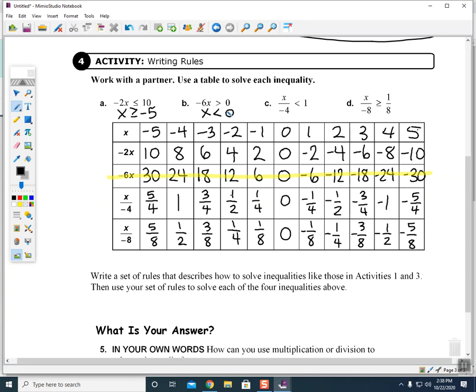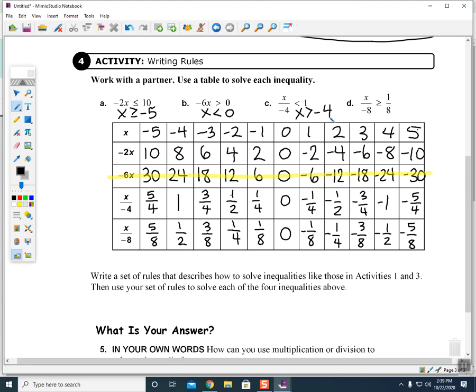Letter C, I have x over -4 is less than 1. So where are my values less than 1? Well, I can see that as my numbers are getting bigger, my y values are getting smaller, and so I can see that x is greater than -4 is the solution to this inequality.